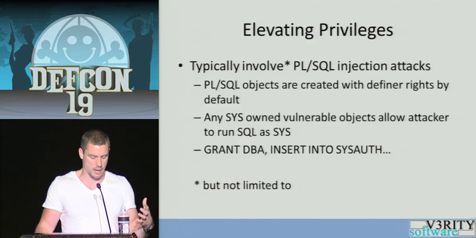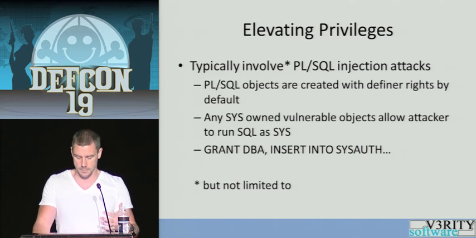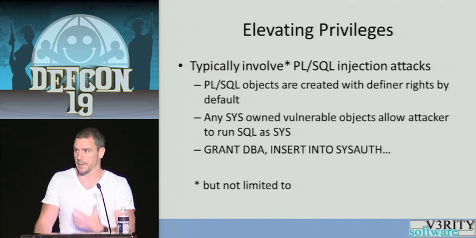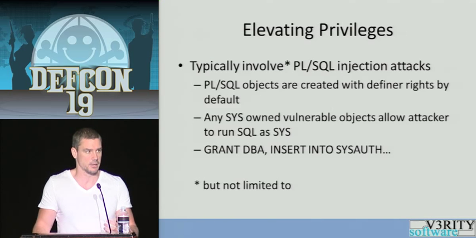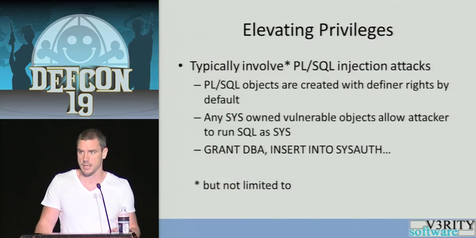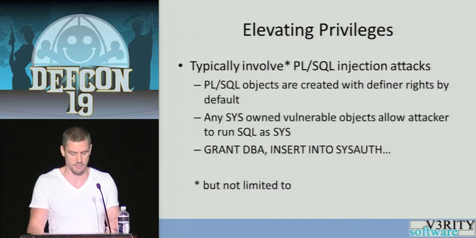So if the sys user creates a PL/SQL package, he's the definer. Any vulnerabilities in that, as the definer, will execute with sys privileges. That's the default. You can also specify, using the AUTHID keyword, that the current user's privileges should be used, but by default, it's the definer's privileges.